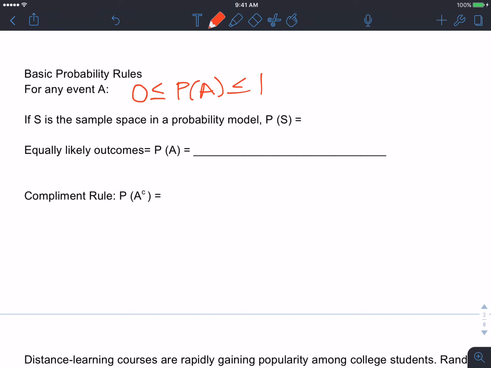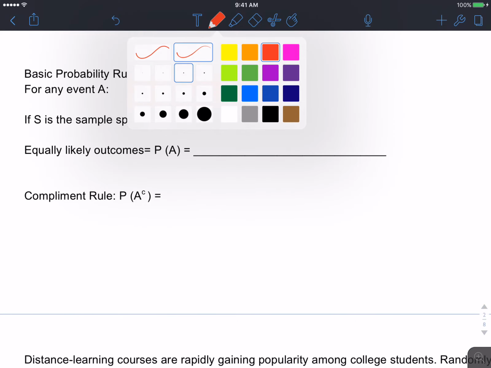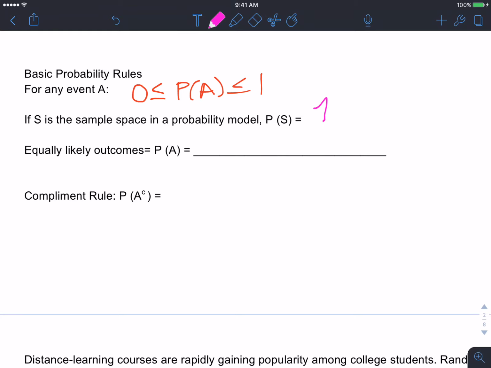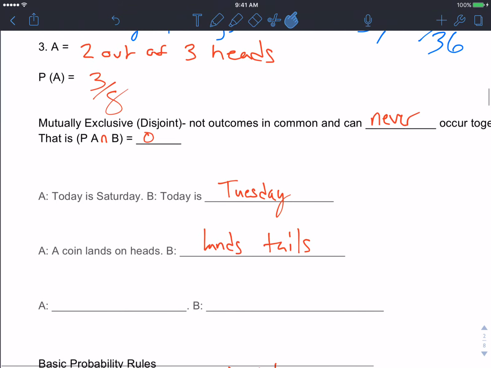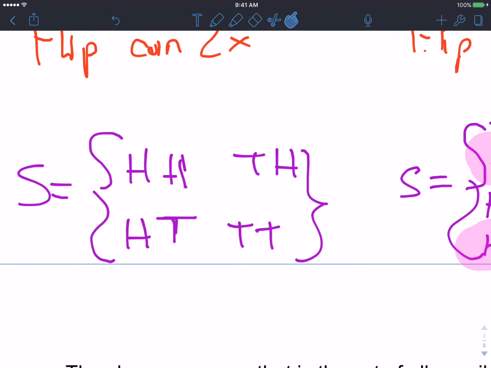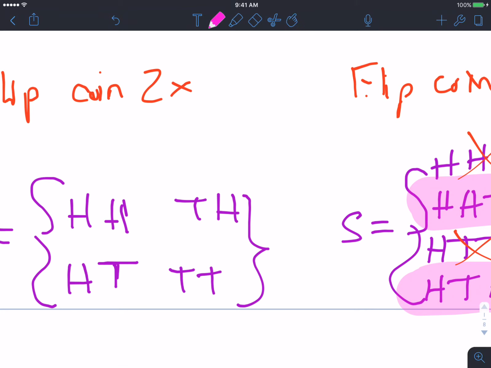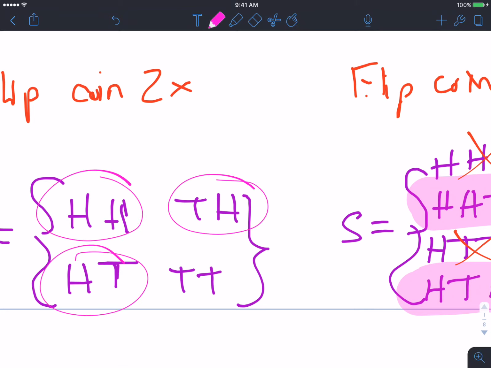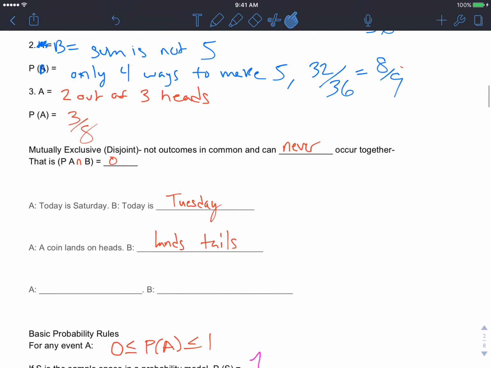If S is the sample space in the probability model, then if you take a look at the entire sample space, your probability is 1. Because if I look at this example and I want to include all these events, I have 4 different events, and one of them has to occur. So the probability of that is 1, or 100%.